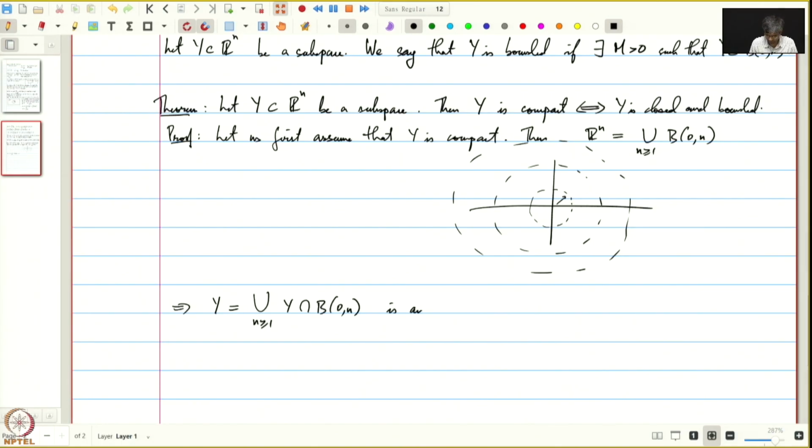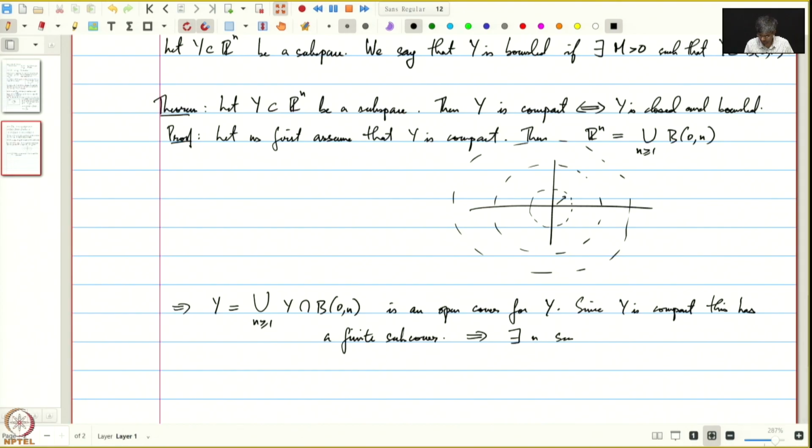This is an open cover for Y, and since Y is compact, this has a finite subcover. But these balls are nested, so B(0,1) is contained in B(0,2), is contained in B(0,3), and so on. So this implies that there exists some n such that Y is contained in B(0,n). Thus Y is bounded.